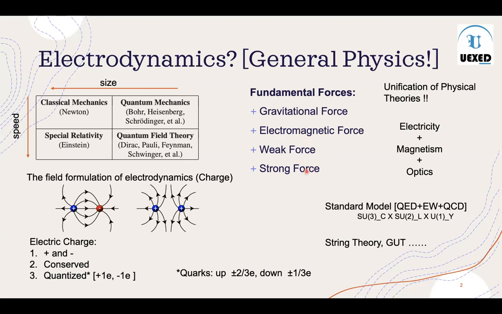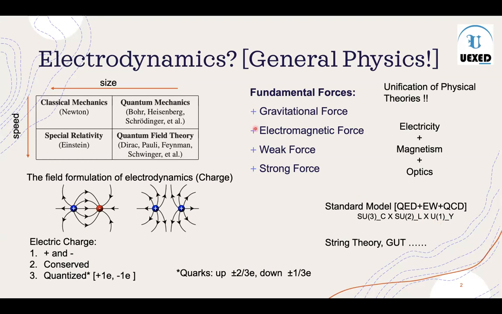When you represent the electromagnetic force using quantum field theory, you can represent it by a group, and that group is called the U1 group. There the quantized charge is Q, which is basically the charge of the electron. This is called QED, quantum electrodynamics.